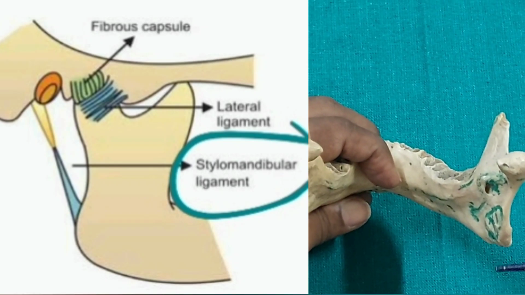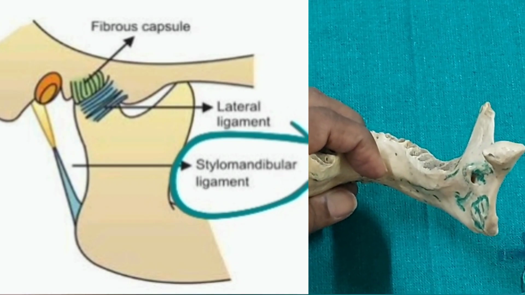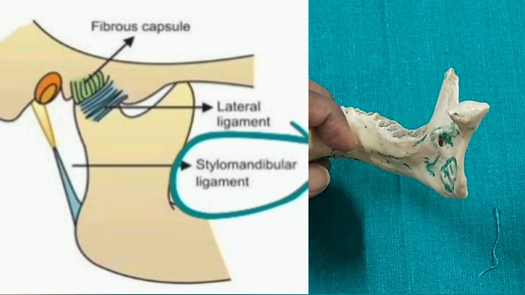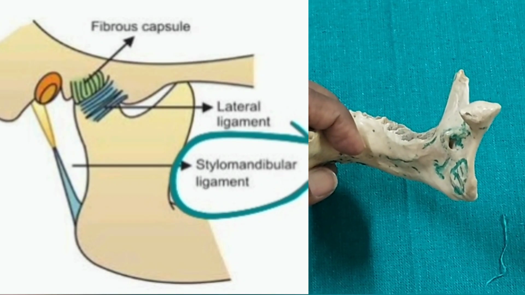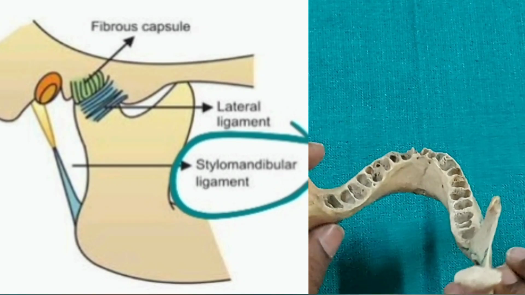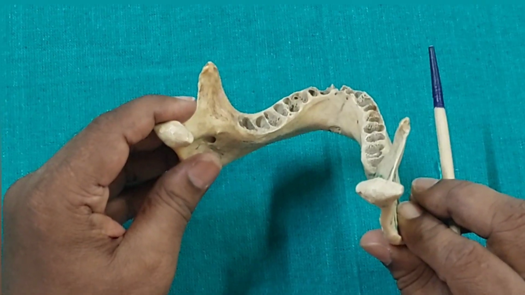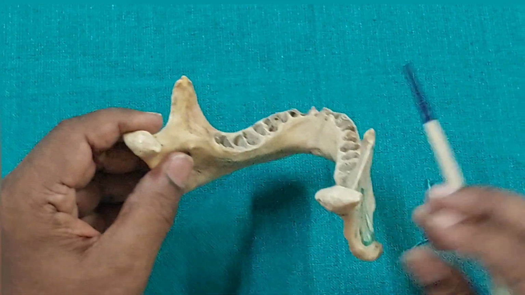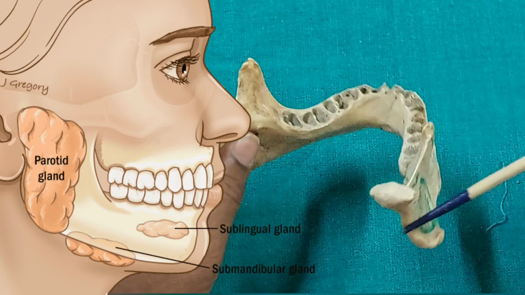The stylomandibular ligament is nothing but the thickened investing layer of deep cervical fascia. And the parotid gland, another salivary gland, is related to the posterior border of the ramus here.